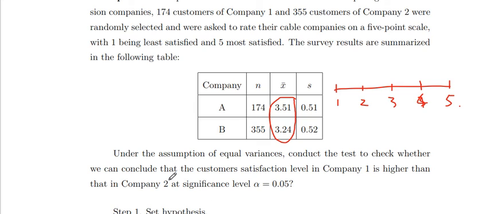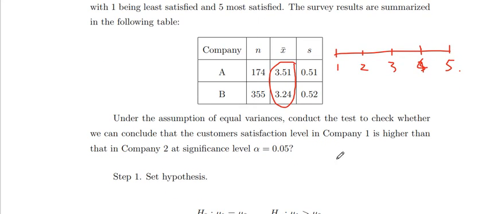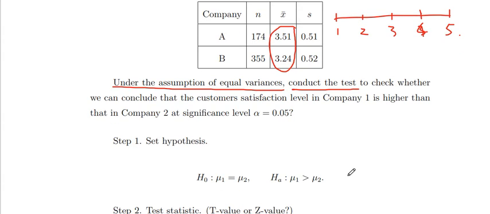Okay. So we can find this A is quite small, so we can assume the equivalence. We want to conduct the test to check whether we can say company A's certification level is higher than that in company B. Okay, so here H0 is mu1 equals mu2, and HA is mu1 larger than mu2.